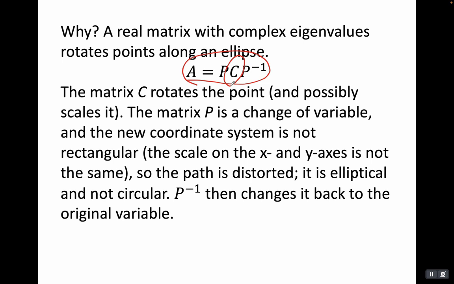The matrix P is a change of variable, and the new coordinate system is not rectangular. The scale on the x and y axes is not the same, so the path is distorted. It is elliptical and not circular. P inverse then changes it back to the original variable. So that's why A is going to rotate points along the ellipse.